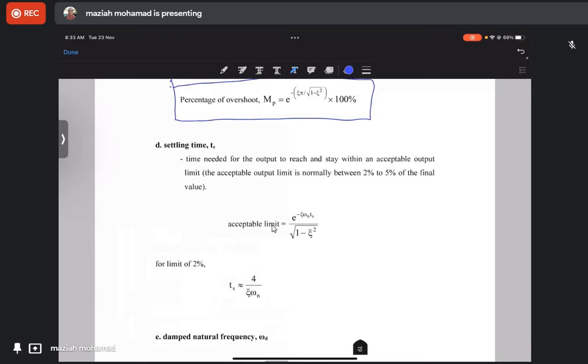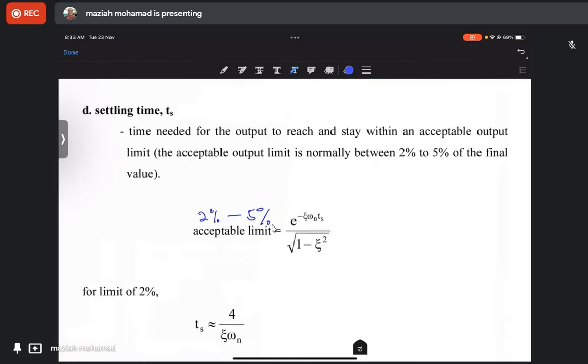Your system, your design, will determine whether it is 2% up until 5%. Then you can calculate for the TS here, provided you have all the values for zeta and omega n. You can see zeta here and also omega n. So if we have the values, then we can calculate TS.